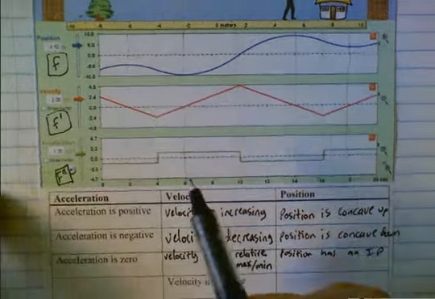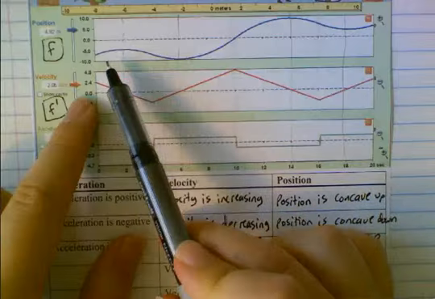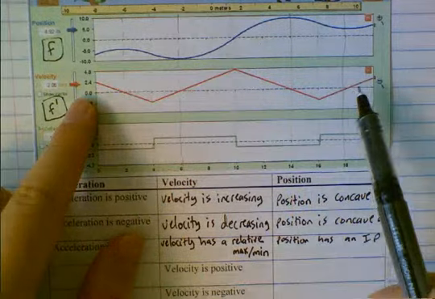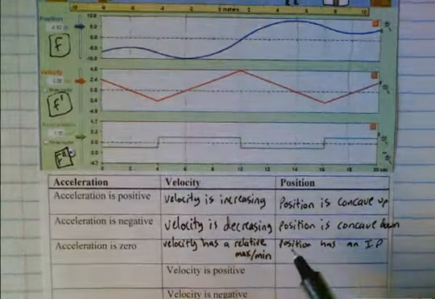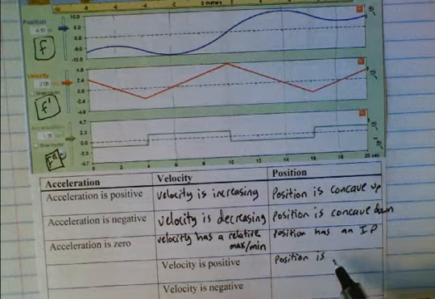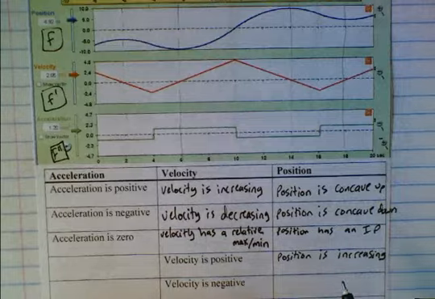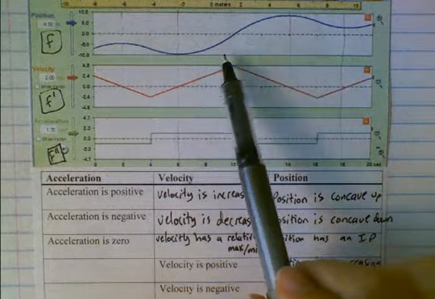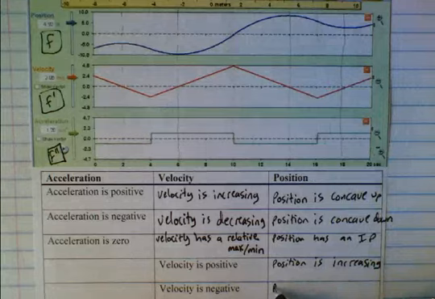So going up, we can see that when velocity is positive, position is increasing. Those are the only times when position is increasing. And logically enough, when velocity is negative, position is decreasing.